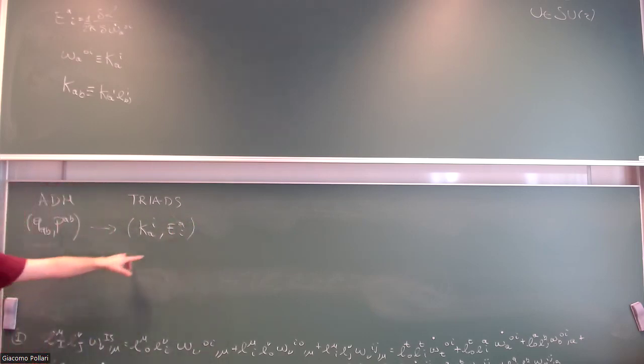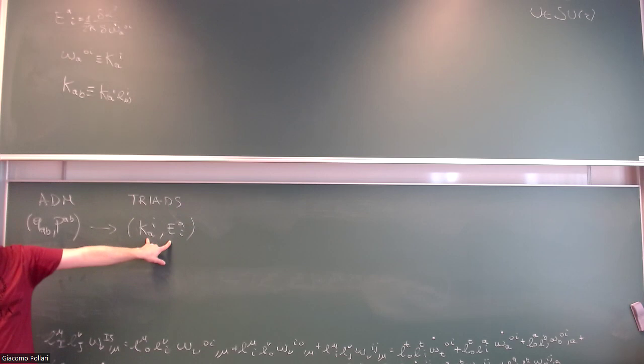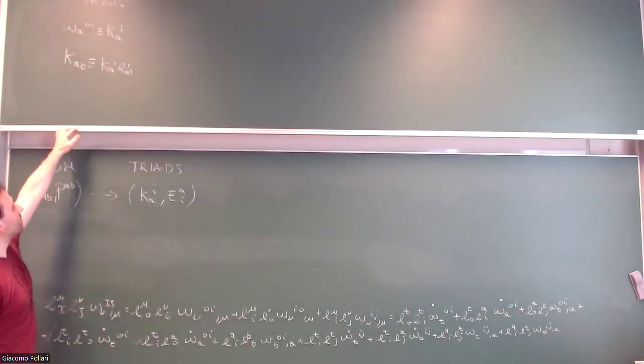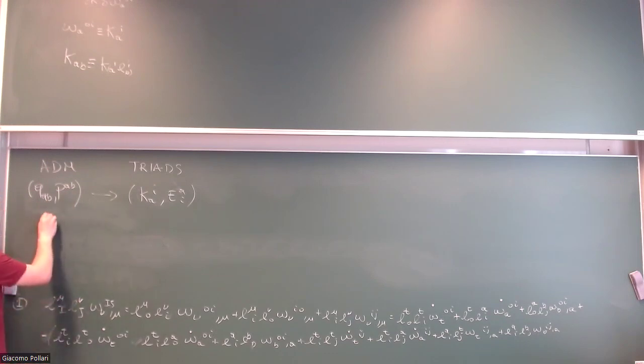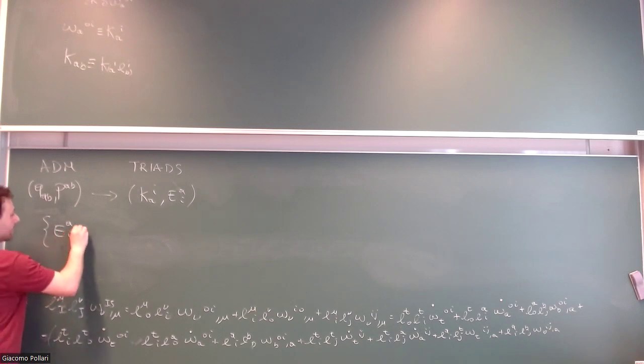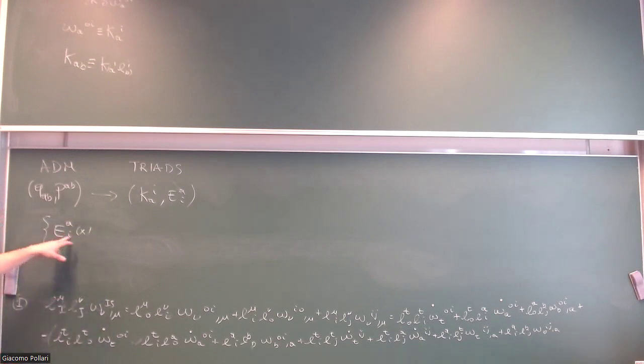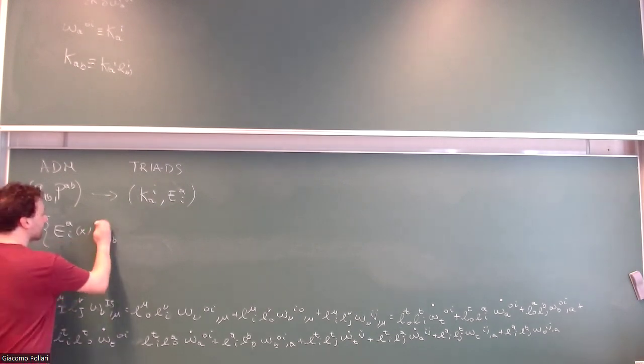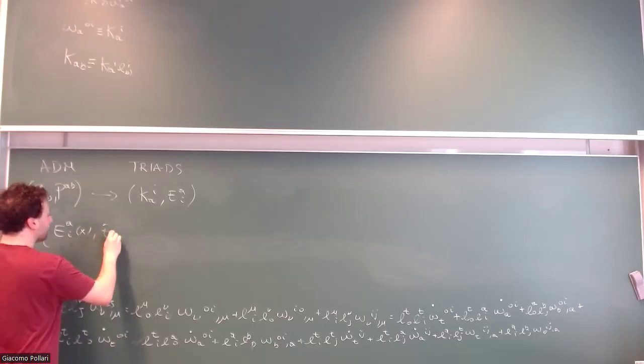Okay, so now these two are conjugate variables. So you see that the commutator between this, which is just on a spatial slice, so with fixed t, and sorry, let's try with E first.